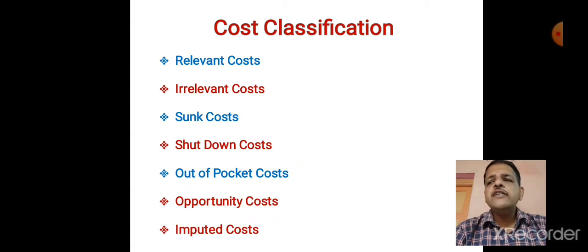Now, which are the out of pocket costs? Let us see some examples. We are paying wages to the workers, we are paying rent, we are paying insurance, we are purchasing material. Each and every time we have to pay cash in some form. We can avoid that or we can save that.